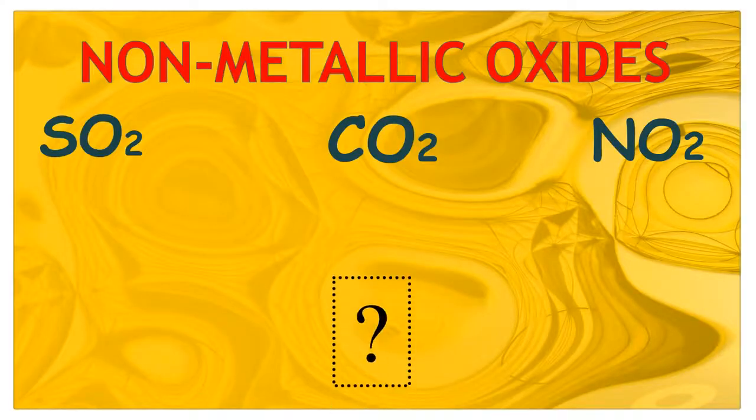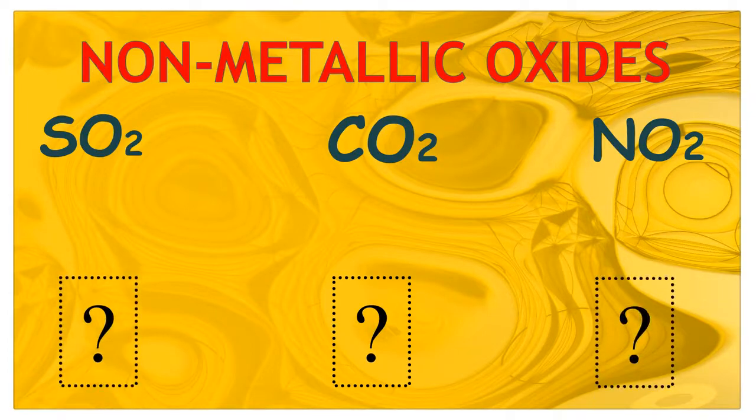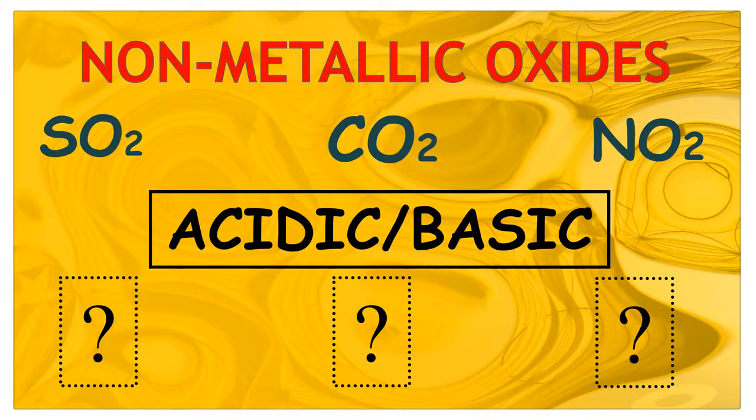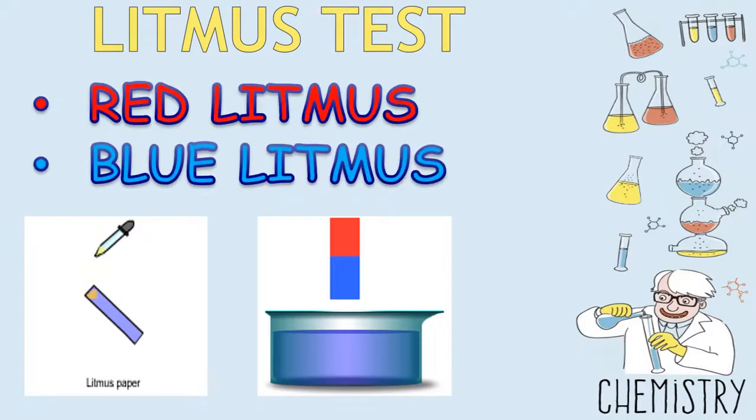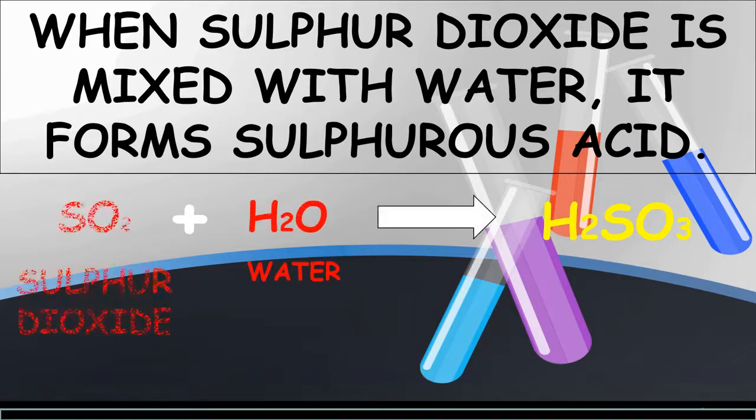Now, our next question again is whether these oxides are acidic or basic in nature. For that again, we will follow the same litmus test, and for that we need a solution. So, how do we prepare a solution? We will mix these with water to prepare a solution.